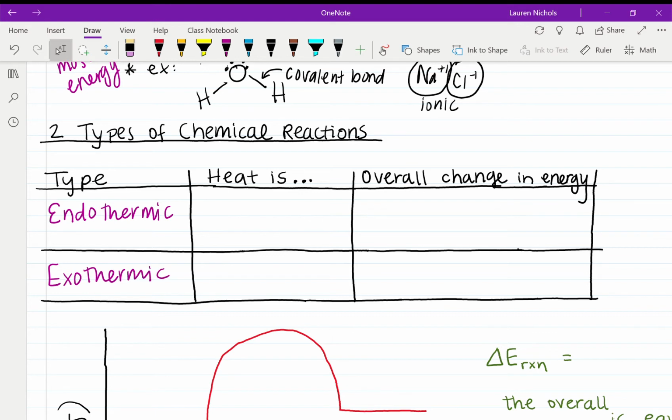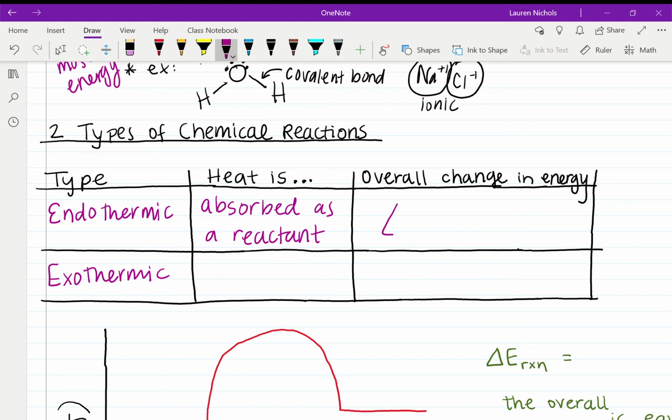Now, when we look at these two types of reactions, in an endothermic reaction, heat is absorbed as a reactant. That means overall there is a lot of heat that is needed at the beginning in order to have the reaction occur.